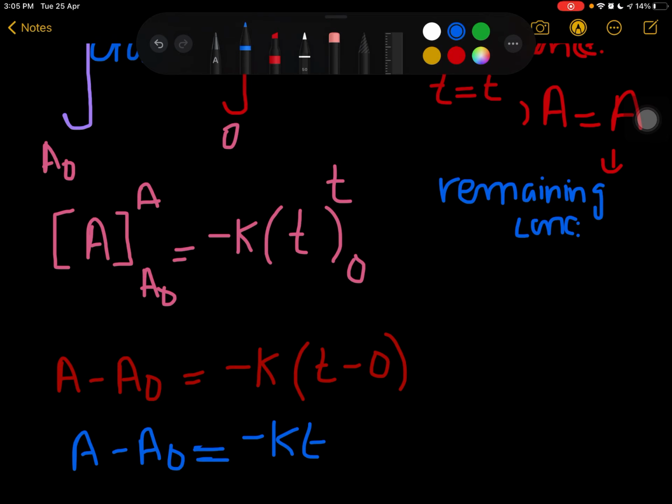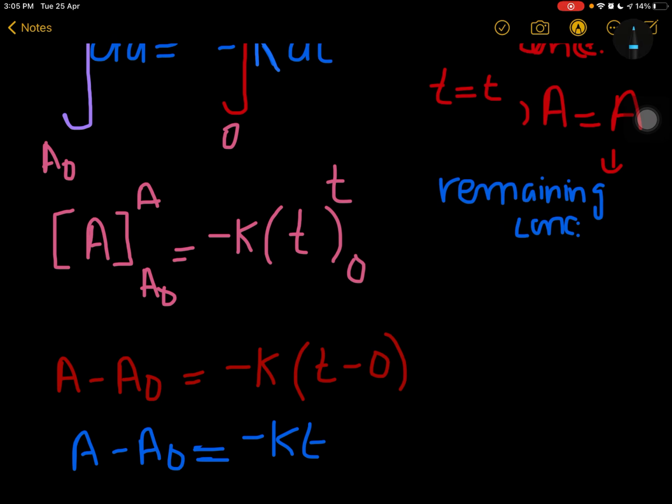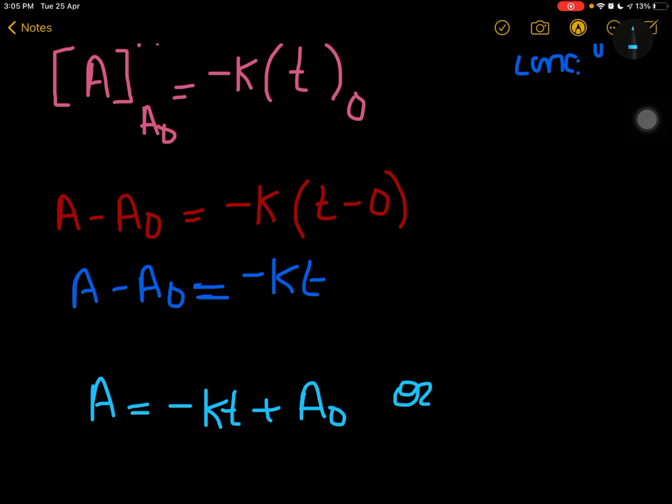Okay, let's simplify this as well. It is now A is equal to minus kt plus A naught, or you can say A is equal to A naught minus kt.